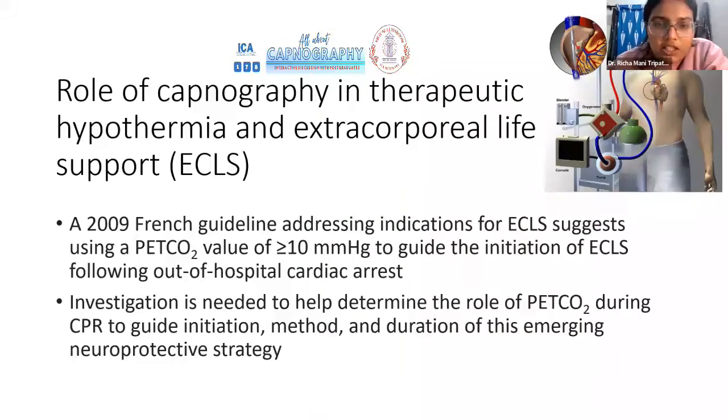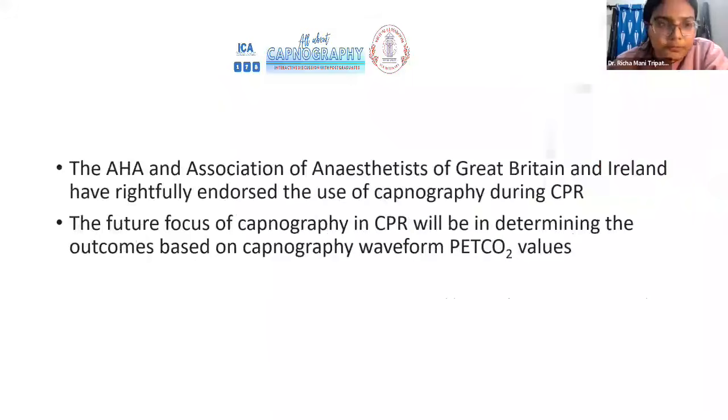However, much more investigation is needed to determine the role of PETCO2 during CPR to guide initiation, method, and duration of this emerging neuropredictive strategy. The AHA and the Association of Anaesthetists of Great Britain and Ireland have rightfully endorsed the use of capnography during CPR. However, the future of capnography in CPR will be determining outcome based on capnography waveform and PETCO2 values.